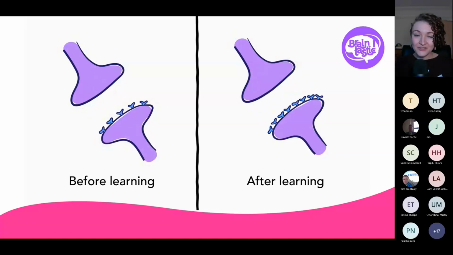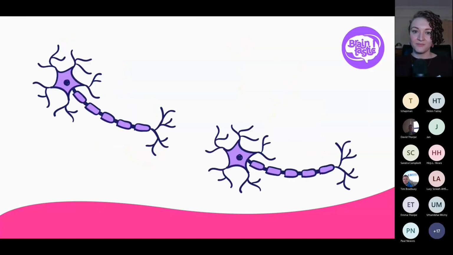And the combination of those two means that the signal travels across the neuron more quickly than it did before you learnt that thing. And this is why learning things makes them easier. When you first do something, it's really tricky, but the longer you practice it for, the more times you revise it, the easier it becomes, because you're creating and strengthening these connections between neurons.